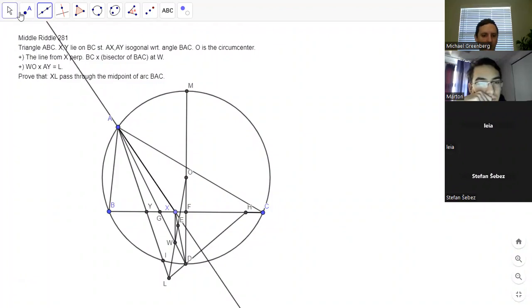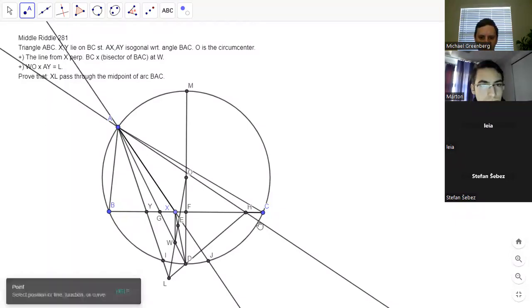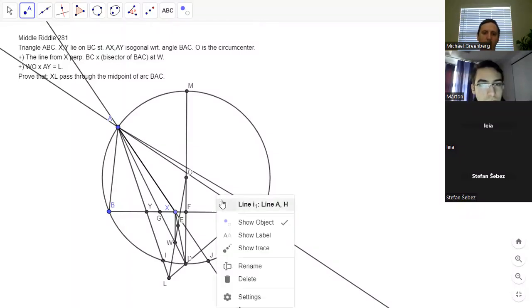So that means ID equals DJ. So we want to show IDJ and this point is harmonic. Maybe it's useful that ID equals DJ.